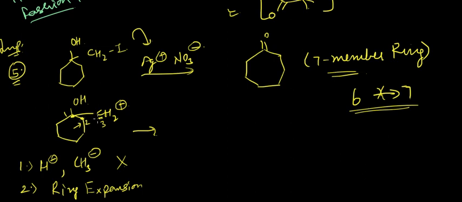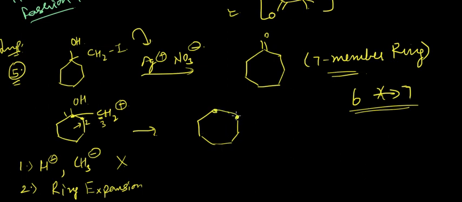So our main idea of having a positive charge on first carbon is satisfied, and the establishment of a highly stable carbocation or intermediate can be formed. Okay, so this actually goes in the forward direction with the formation of a 7-member ring.